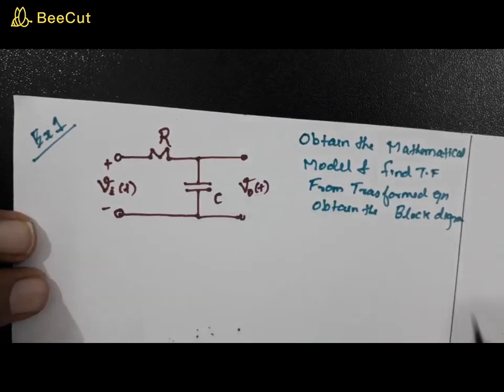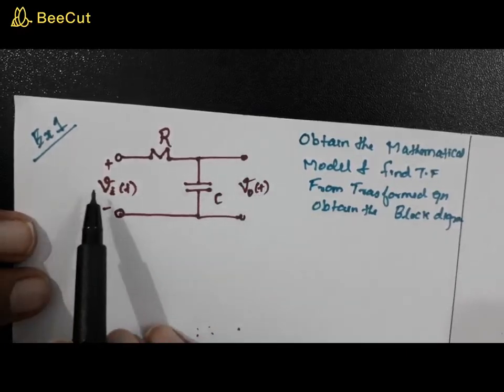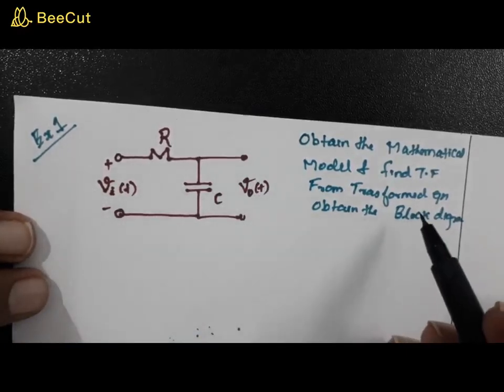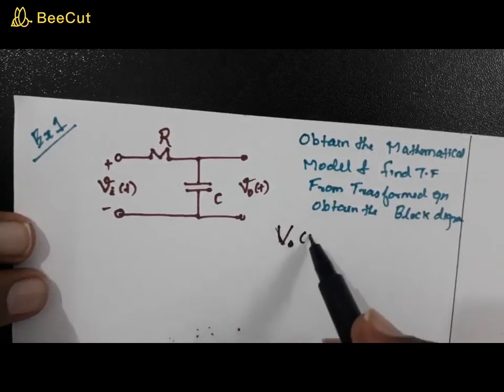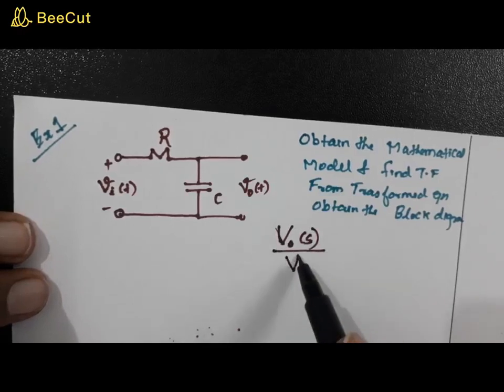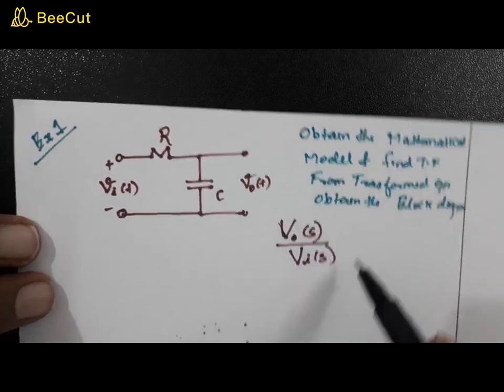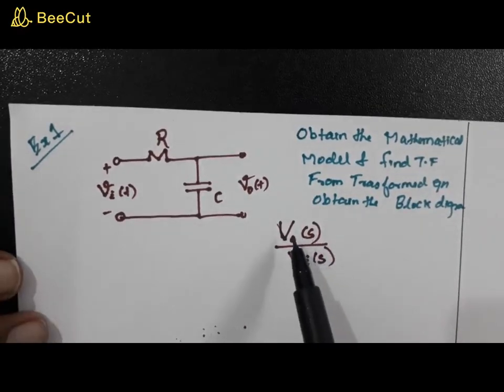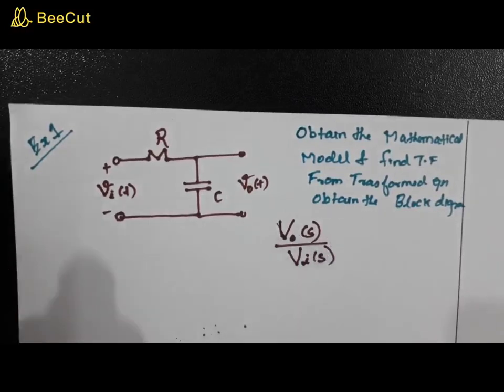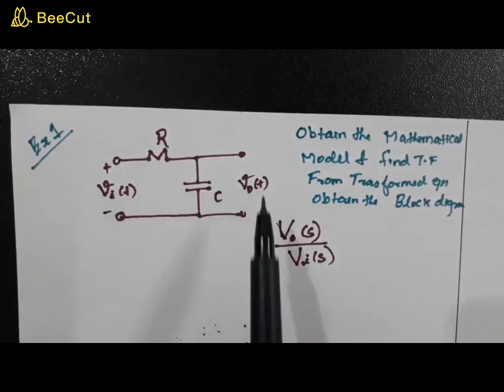So what is the transfer function that you want? The transfer function you need to find out is capital V0 of s by capital Vi of s, right? Now, in order to get this, you need an equation that relates Vi and V naught of s. But unfortunately, there is nothing like Vi of s or V0 of s here.